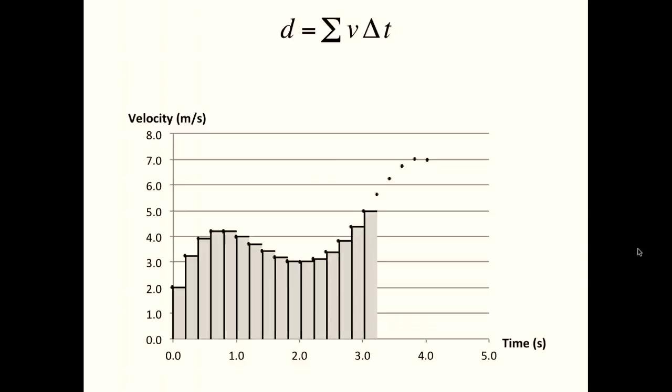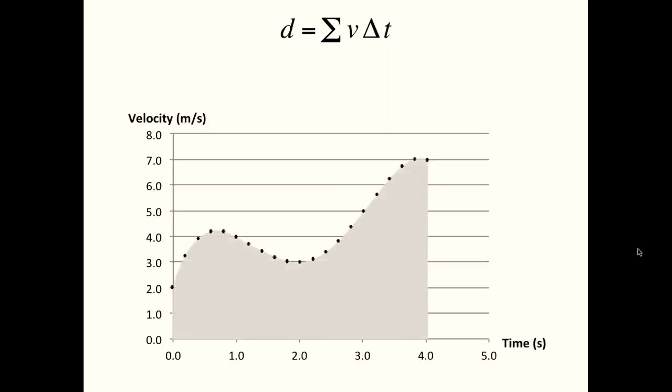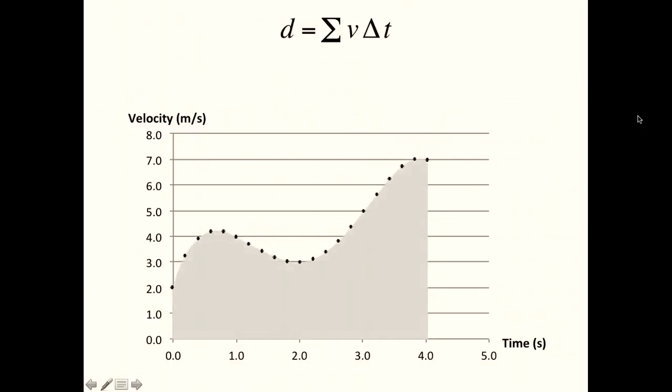We calculated the area. And what is this exactly? Well, it's the area under the curve, or under the graph. That's why we say that integrals are the area under the graph. Because if we make these delta t's really, really small, then this shape will actually become the exact area under the graph.